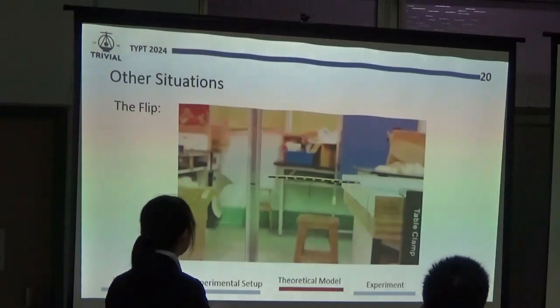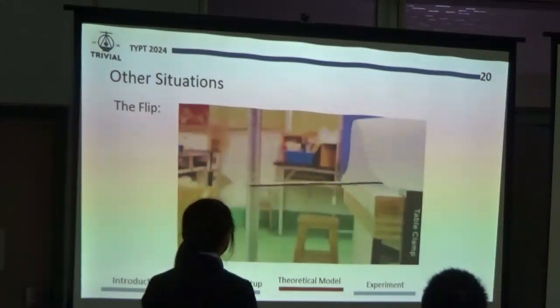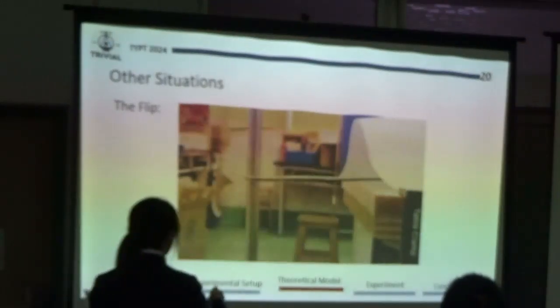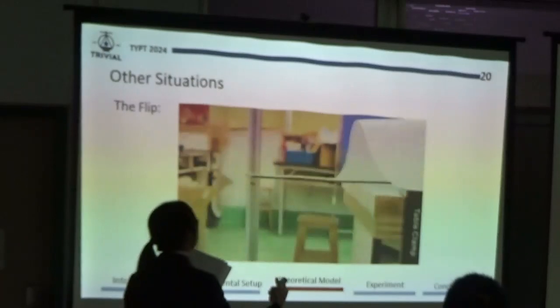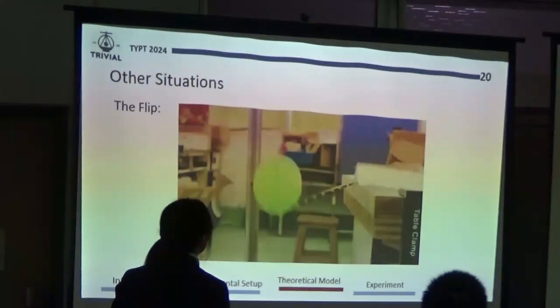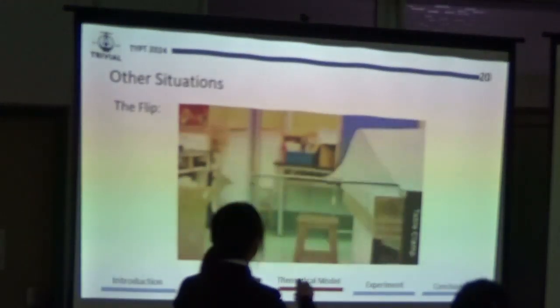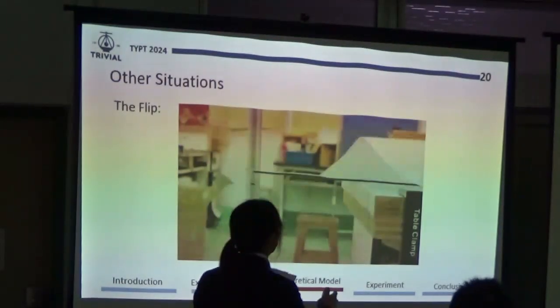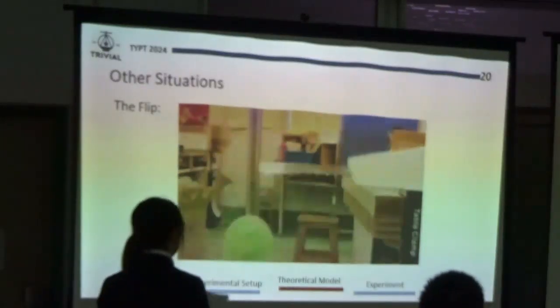Okay, so here are some other situations. This situation over here, I call it the flip, which means the ball did not hit the center of the ruler, on this axis that penetrates the PowerPoint. So you can see when the ball hits the ruler, it flips, and it completely leaves the table for a period of time.